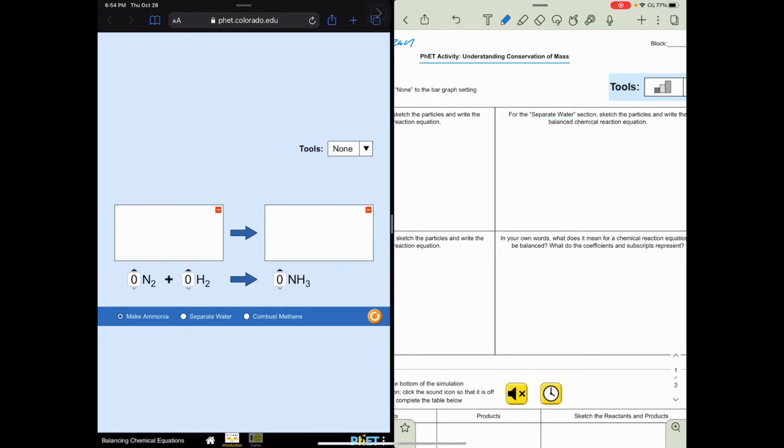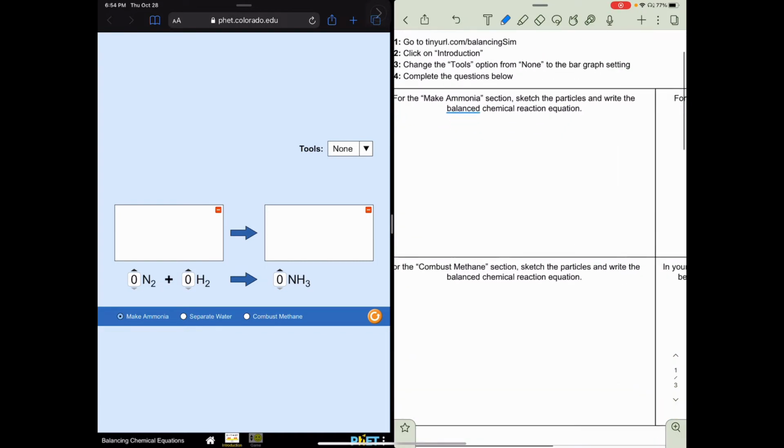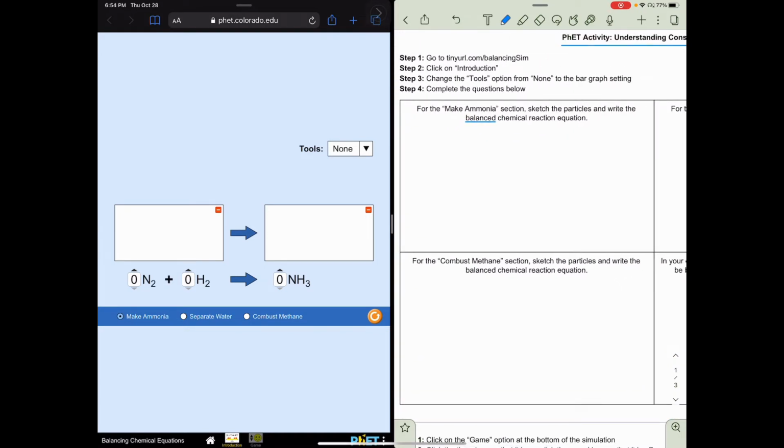All right, so sketch the particles and write the balanced chemical equation. So what do we have here? Well, we have these dials that we can change that will add different chemicals. Now, the big thing that you will need to notice is the different numbers and the different colors of these atoms.